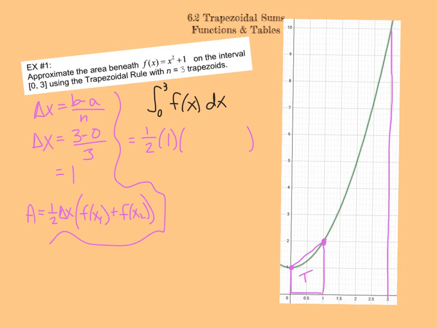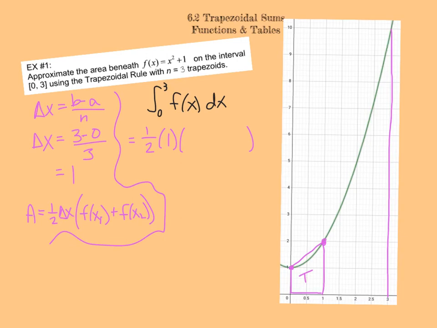our first x value is at 0. That height provided is 1. How do we get that? We could plug 0 into this function and we get 1 out. Our second height, the y value provided by the next x coordinate, if we plug 1 in, we get a height of 2. So f of 1 is 2. We could just see that on our graph, or we could make an xy chart or use our function.